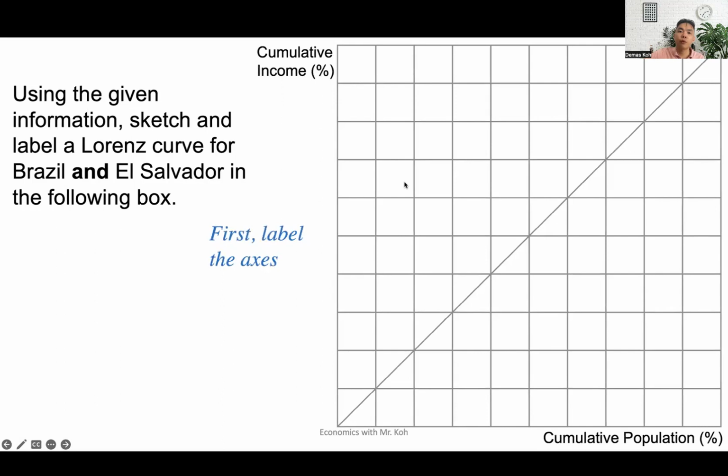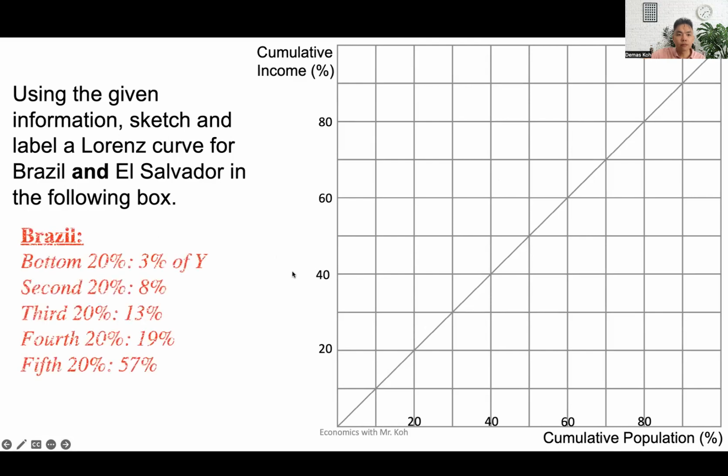So for the y-axis, we have got cumulative income, percent, and the x-axis, we've got cumulative population, which is again percent in terms of its units. And of course, we've got the actual percentages labeled along both axes.